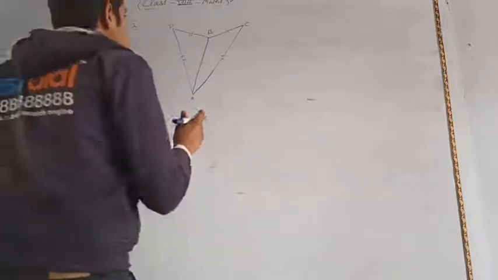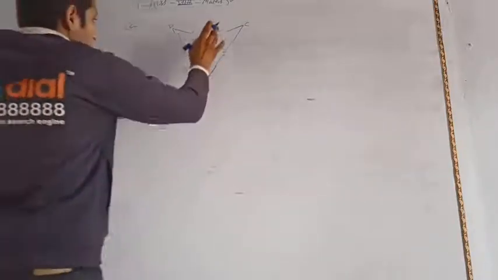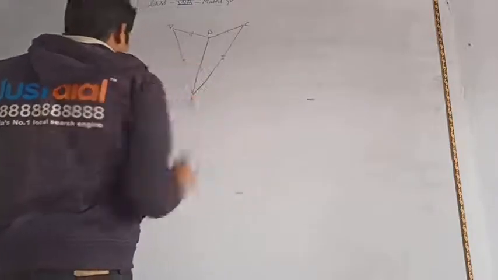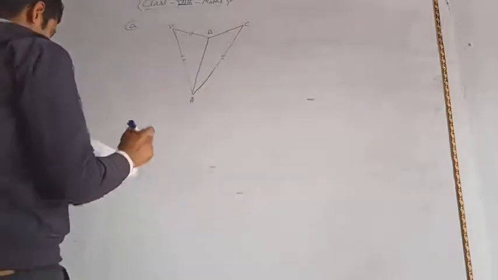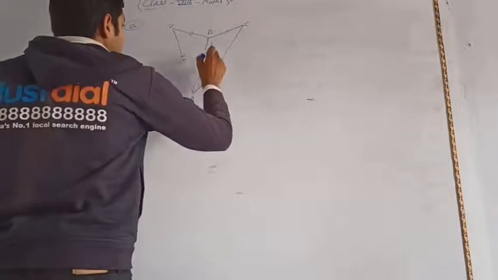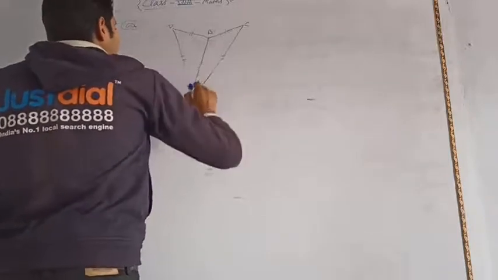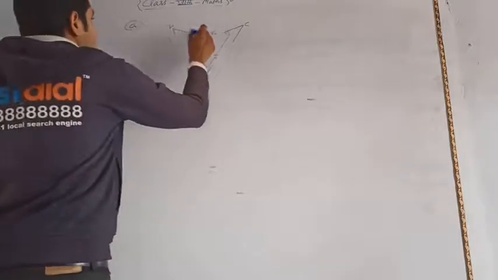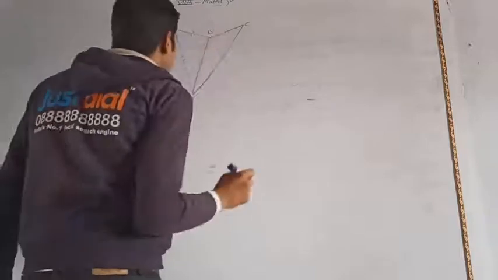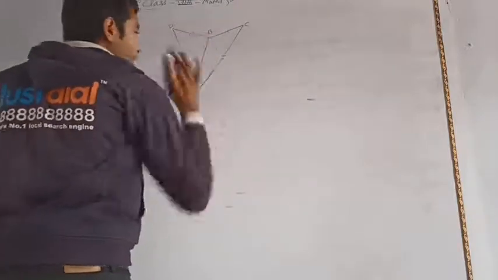So here you can see in this concave quadrilateral that side AC is equal to side AD and side BD is equal to side BC, and AB is equal to AB.